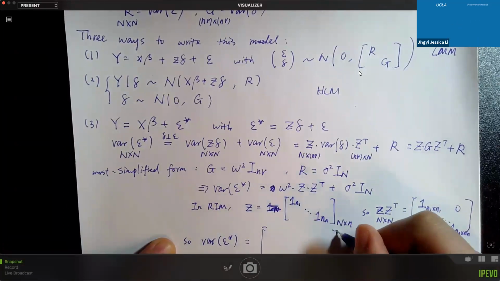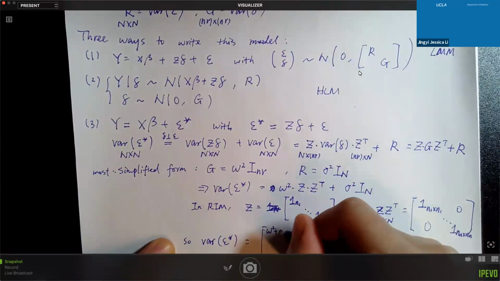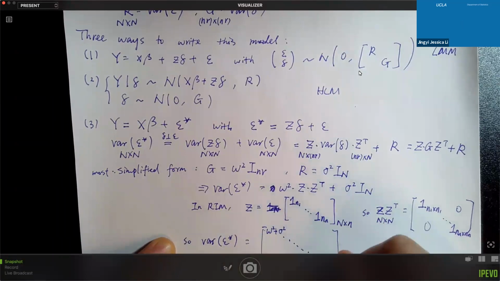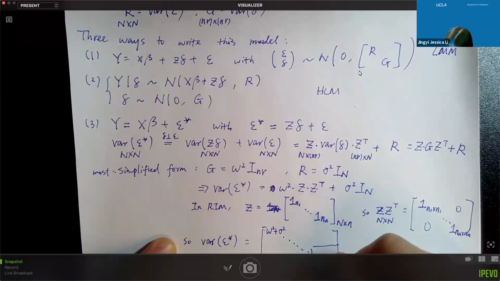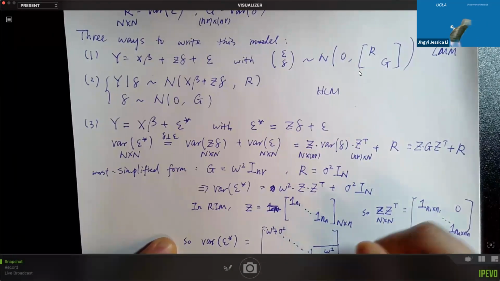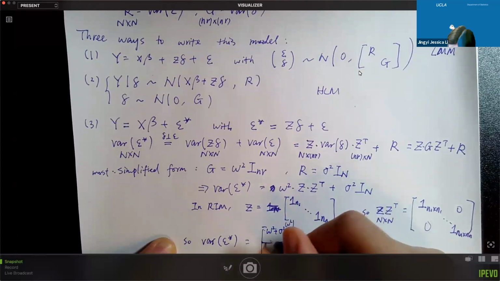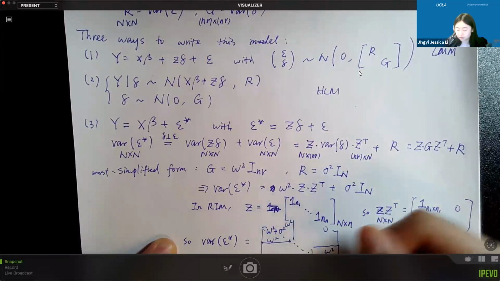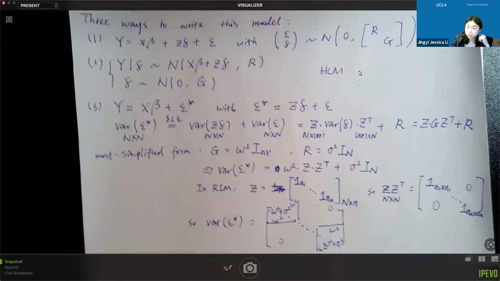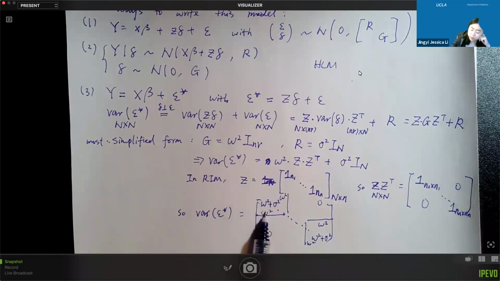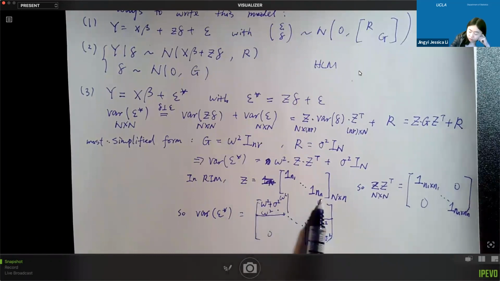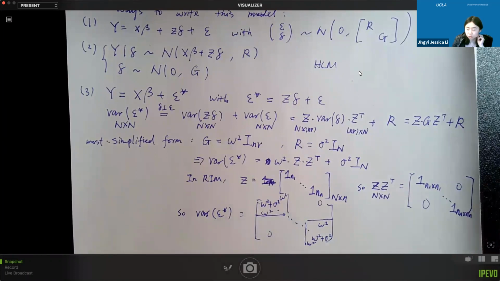It will be omega squared plus sigma squared throughout the diagonal, omega squared in the off diagonal within each block, but zeros between blocks. So that will be the structure. In other words, we are assuming the random terms within each group have covariance omega squared, and between groups there's no covariance. That's essentially what the random intercept model gives us.